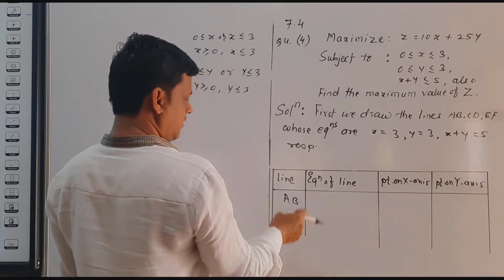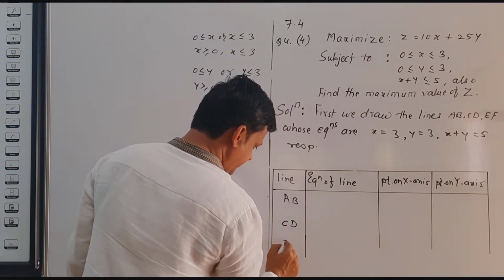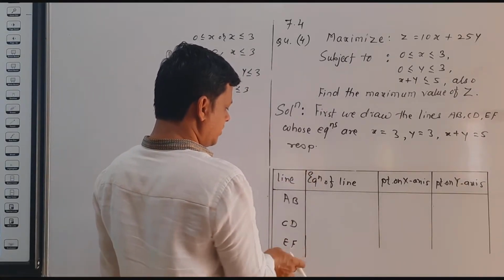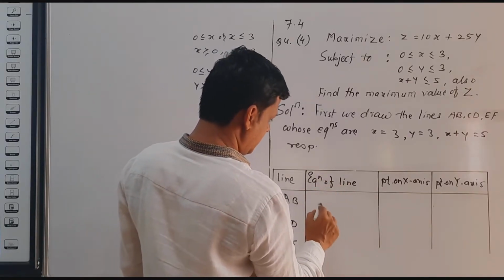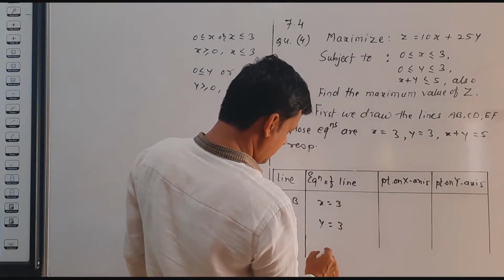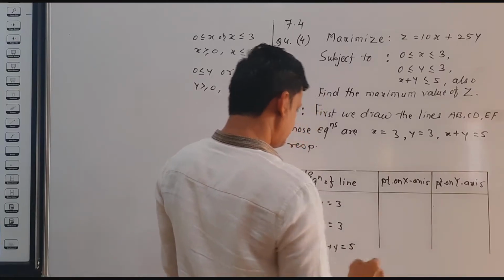So we draw the lines a, b, c, d, e, f with the help of this table. In the first column we write line a, b, c, d, e, f, and the equation of line: x equals to 3, y equals to 3, then x plus y equals to 5.